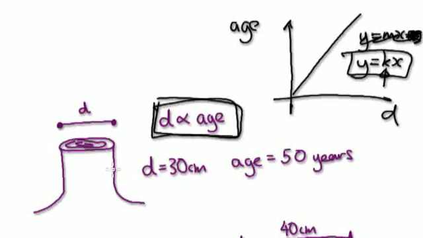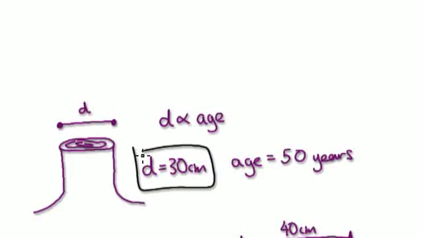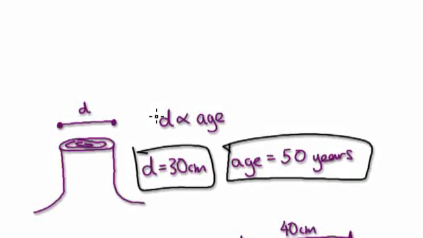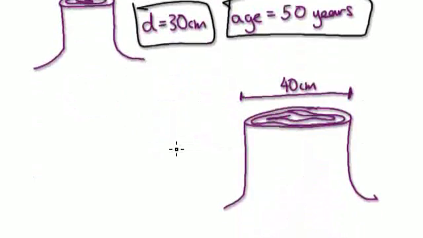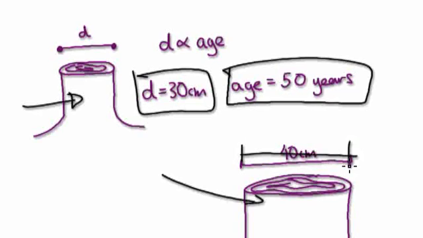You're told that the diameter of this specific type of tree is 30, and when the diameter is 30, the age is 50 years old. Suppose this is the same type of tree, and this tree here has a diameter of 40. How old is this tree?